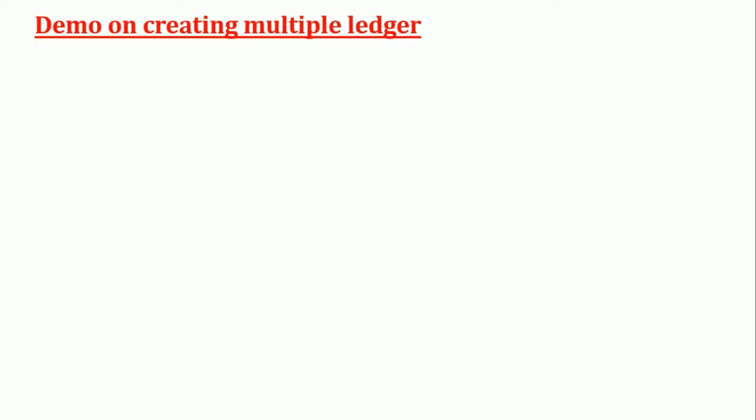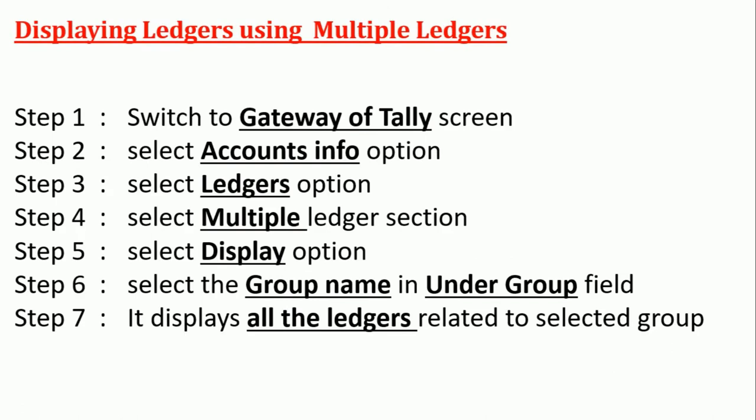Now we will see how to display multiple ledger. So step 1, same, switch to Gateway of Tally screen. Step 2, select Accounts Info option. Step 3, select Ledgers option. Step 4, select Multiple Ledger section. Then step 5, select Display.